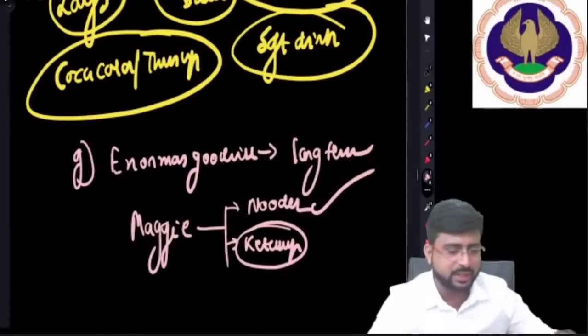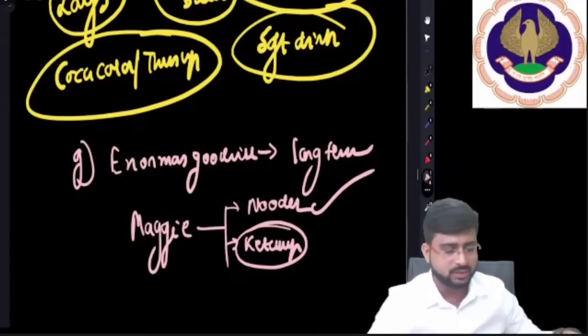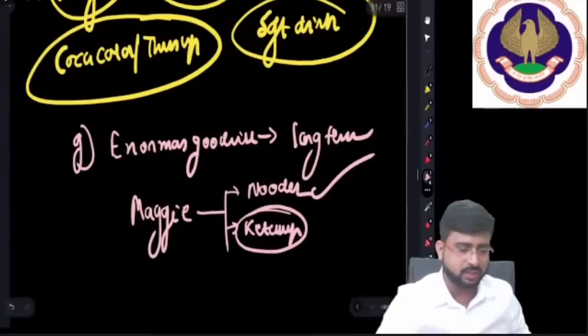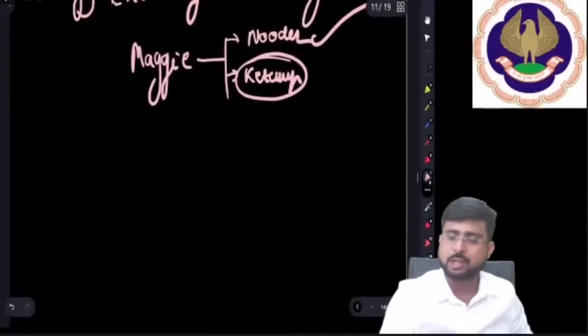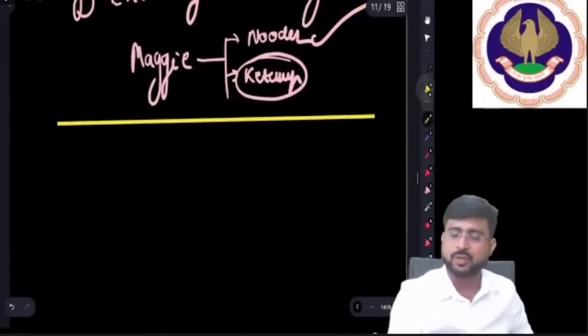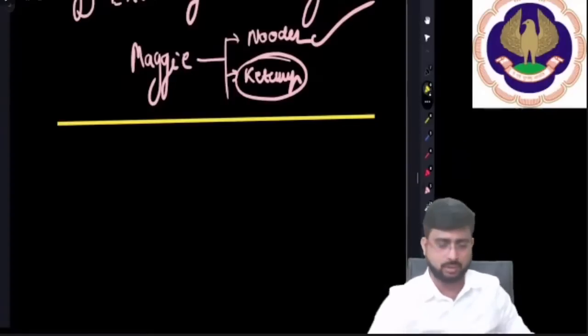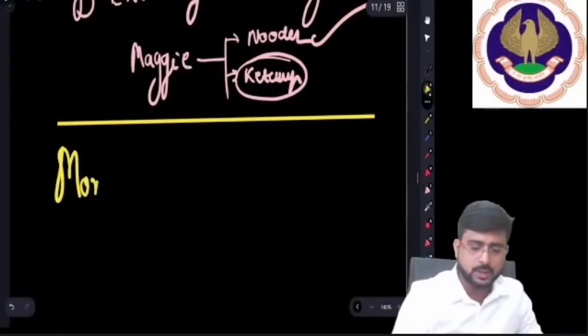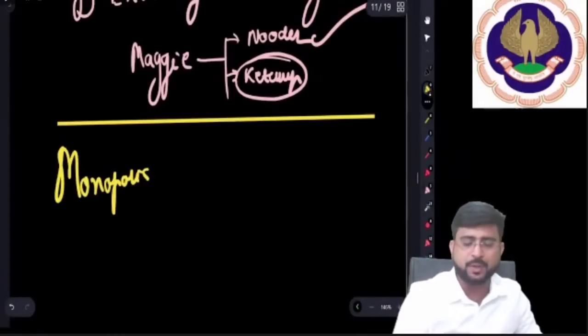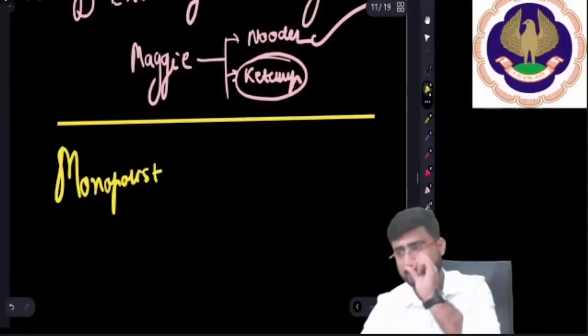So yes, my dear friends, these are some of the points that I wanted you all to know. Sir, now one interesting thing. Despite being a monopoly, there is one very important difference between monopoly and perfect competition. A monopolist, in order to sell more, will have to reduce price. Please remember, in perfect competition, price was the same.